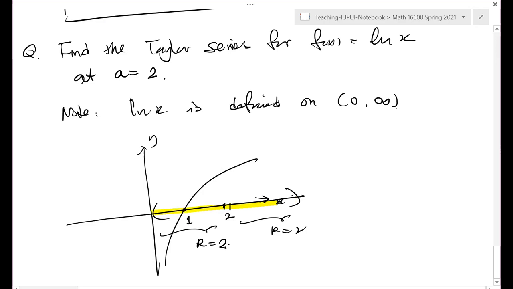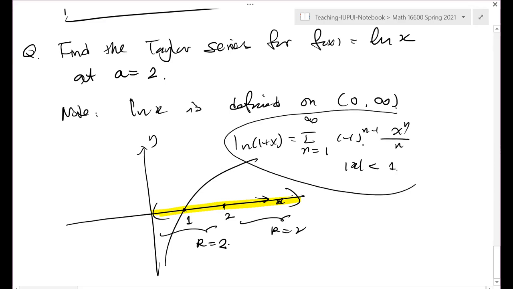I'll give you a minute to think about it. What I suggest you to do is to use this formula: natural log of 1 plus x equals the sum from n equals 1 to infinity. That holds for absolute value of x less than 1. So using this, I hope you can solve the problem.